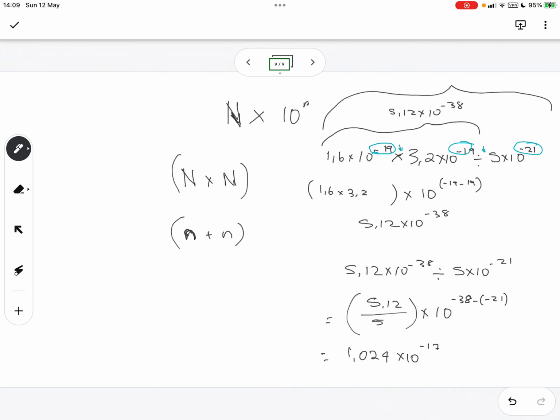Because of the divide, we subtract the exponents: negative 38 minus negative 21, which would be negative 17. So I think it's more than a typo.